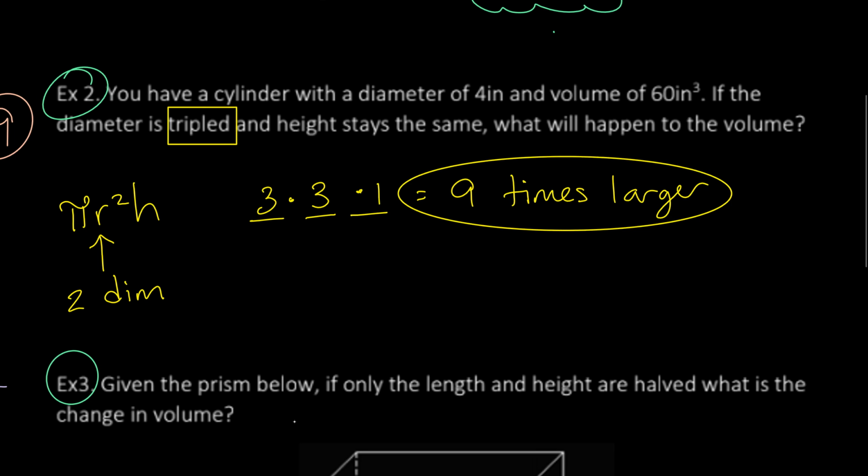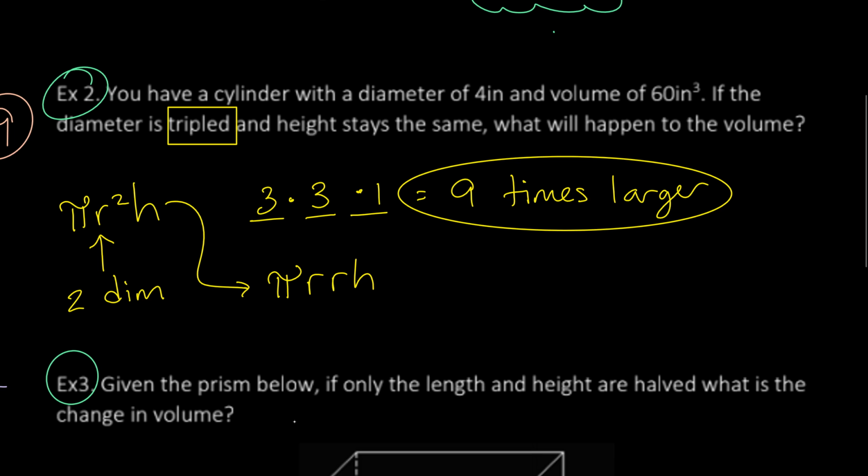I have a question. Yes, Tamaras. So why do they consider the radius as 2 dimensions? When you think about it, this formula can be broken up into pi times r times r times h, right? For both surface area and volume, we do have 3 numbers.